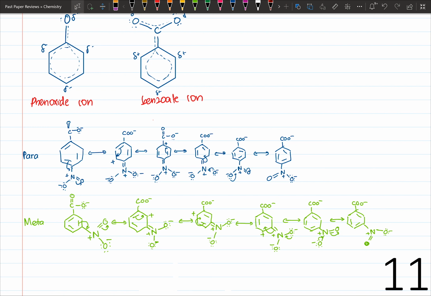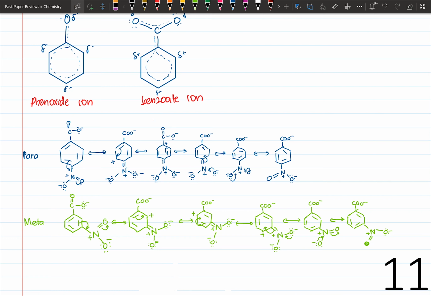Comparing the structures of metanitrobenzoic acid and paranitrobenzoic acid, we can see the distribution of the positive charges in these two structures. In paranitrobenzoic acid, the positive charge is distributed to the meta position and to the carbon attached to the COO group, whereas in metanitrobenzoic acid, the positive charge is distributed to the ortho and para positions.